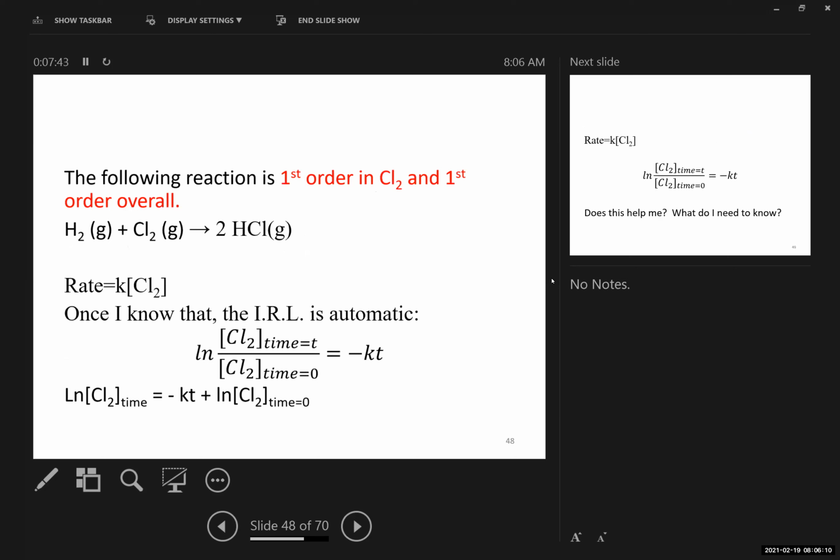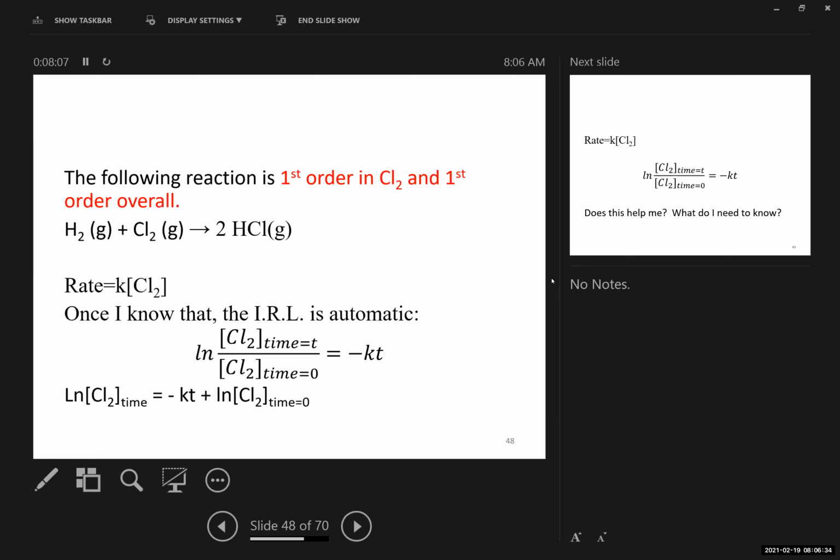No need to integrate it again. I did it once. All first order rate laws have a nearly identical integrated rate law. The only thing that's different is what the chemical species is I'm talking about. And again, the integrated rate law is the direct integration of the rate law.